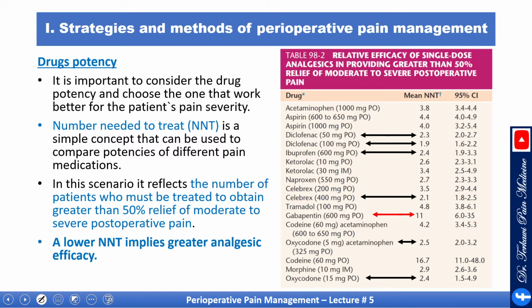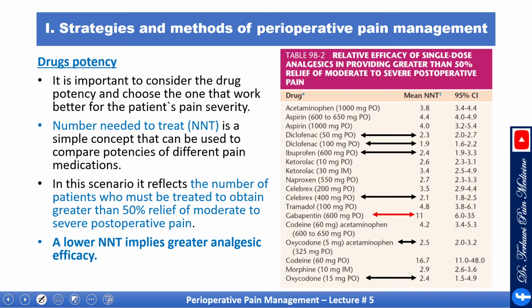Let's talk about drug potency. It's an important concept when you decide which medication you want to give. The way we think about this is to look at the number needed to treat. It's a simple concept that can be used to compare potencies of different pain medication.